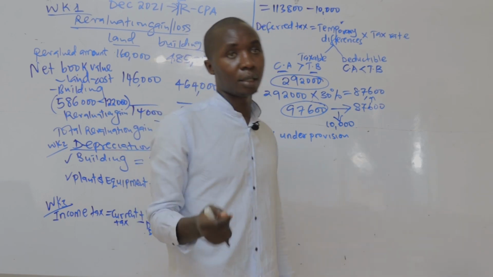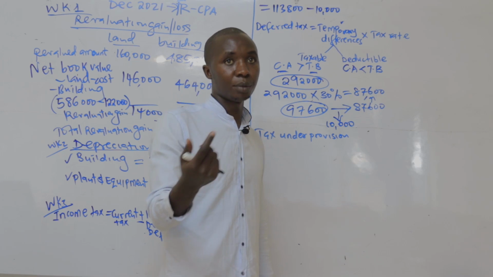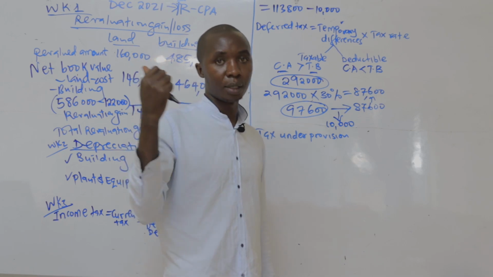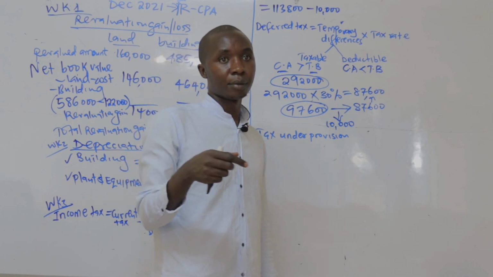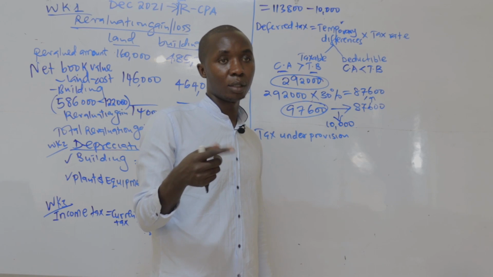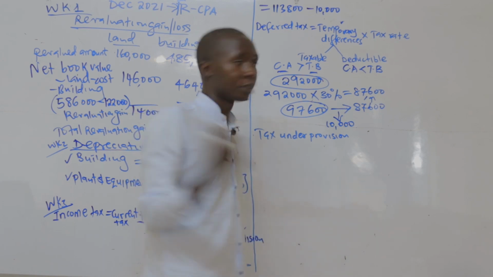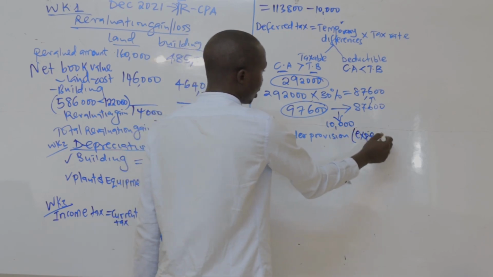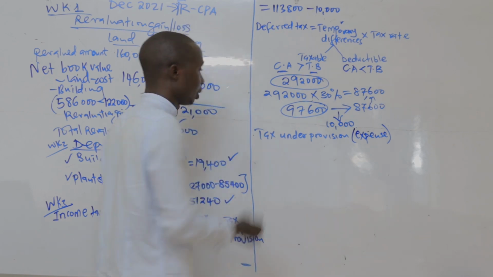You made 8 instead of 10, so you underprovided by 2 million in the previous period. So in this year, you have to increase your provision by the 2 million you underprovided last year. That 2 million will be an expense to you because you are making an extra provision. So in short, tax under provision is an expense.